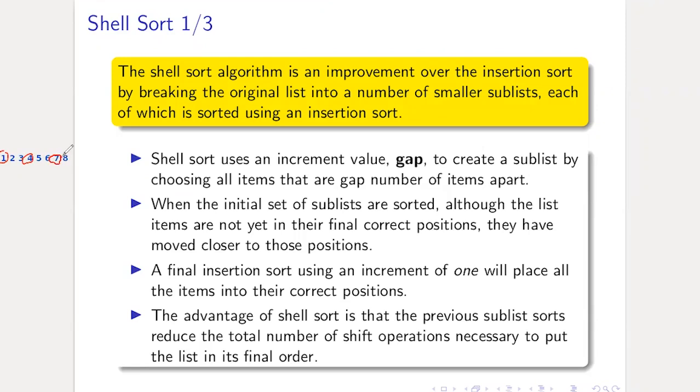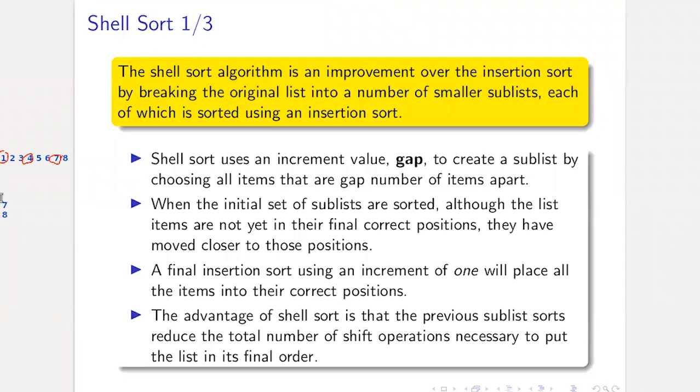So items 1, 4, 7 would be one of the sublists. Similarly, 2, 5, 8 would be another sublist, and the third one would be 3, 6. That's a sublist.